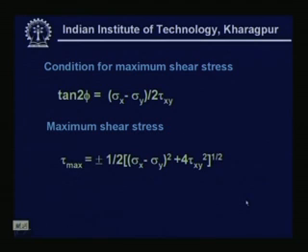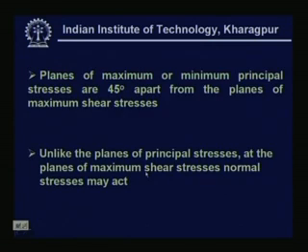In a similar manner, the condition for maximum shear stress is tan 2 phi equal to this one, and the corresponding value of maximum shear stress comes out to be this tau max. The planes of maximum or minimum principal stresses are 45 degrees apart from the planes of maximum shear stress.